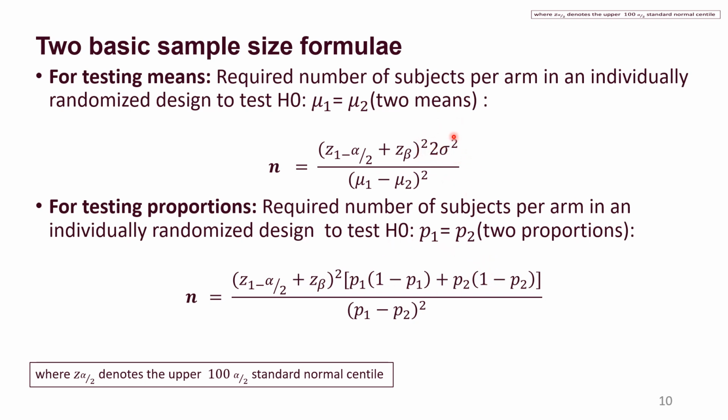The number needed in a comparison of two means is a function of the standard deviation of the outcome, whereas the number needed to test two proportions is a function of the two proportions that we're trying to detect the difference between. So those are the two basic sample size formulas under individual randomization, and n represents here the number of observations or the number of subjects that are needed per arm.